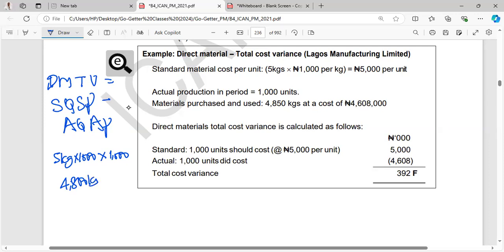This one, of course, is 5,000 kg. You spent 4,850. And what is the price? Okay, let me do it on the other side here.